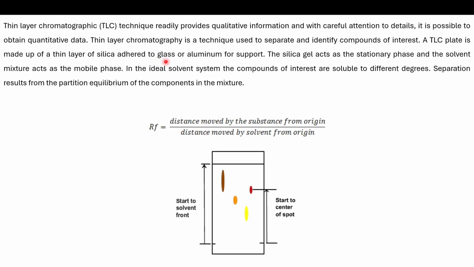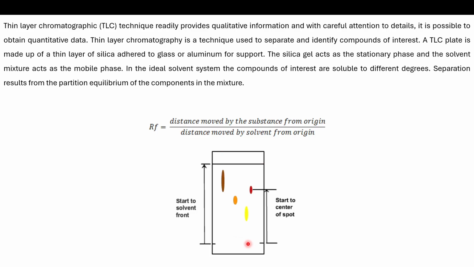The silica gel is layered on a glass or aluminium for support, and this gel acts as a stationary phase and the solvent mixture acts as the mobile phase. So in an ideal solvent system, the compounds of interest are soluble to different degrees, and hence this results in different mobilities of each component in that mixture and eventually leads to different partition coefficients. Okay.